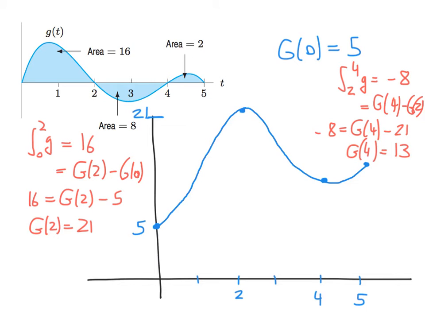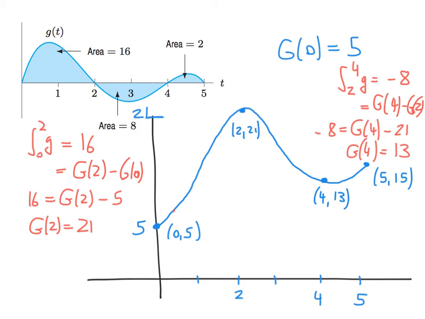The problem also asked us to write in the coordinates for the critical values and the critical points. So that would be (0, 5), (2, 21), (4, 13), and (5, 15).